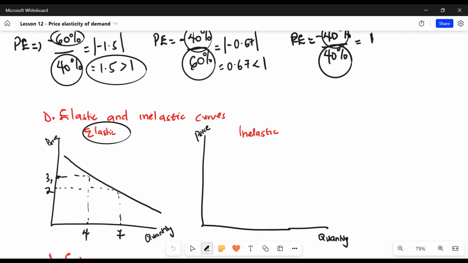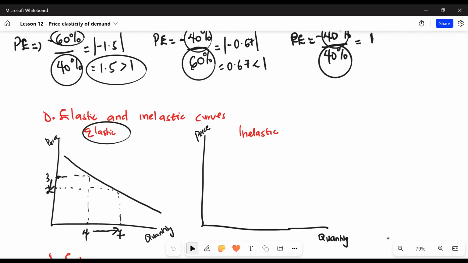So you see that the decrease in price here is a much smaller proportion as compared to the increase in quantity demanded. So this is how an elastic curve looks. Any change in price induces a much bigger change in quantity demanded.